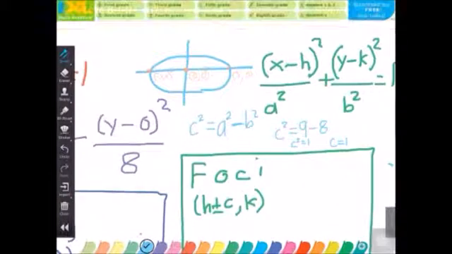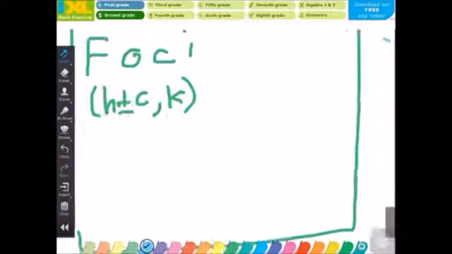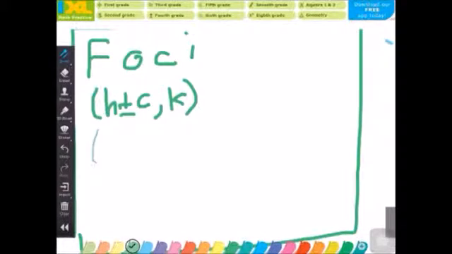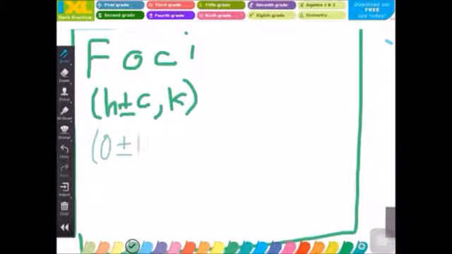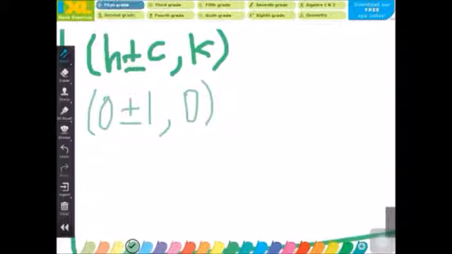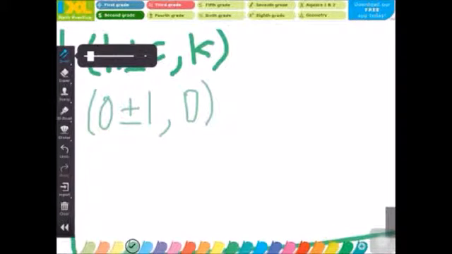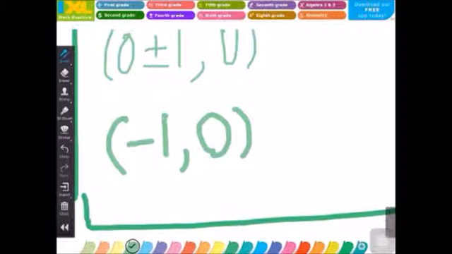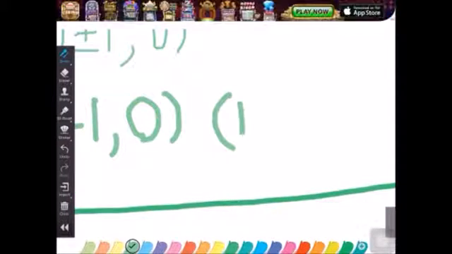Very simple. So now we go back to our foci, and we just simply plug in 1 for c. And because we already know that h and k equal 0 because they're the center, we can just plug in that too. So 0 plus or minus 1 for the x value, and 0 for the y value. And with that, we get 2 points, which are going to be -1 for x value and 0 for y, and +1 for x value and 0 for y.